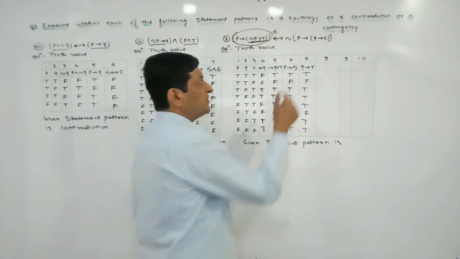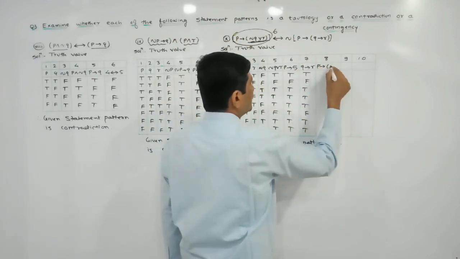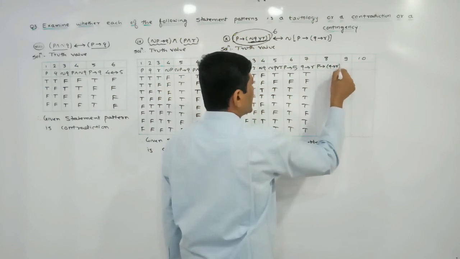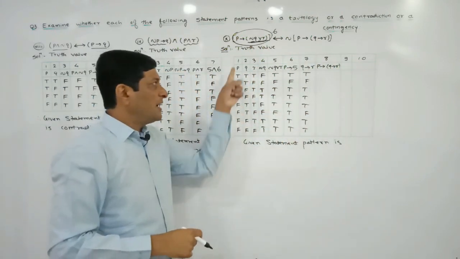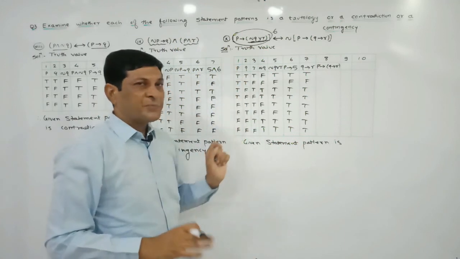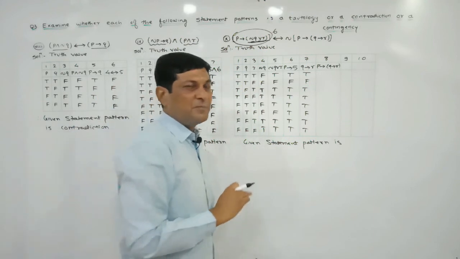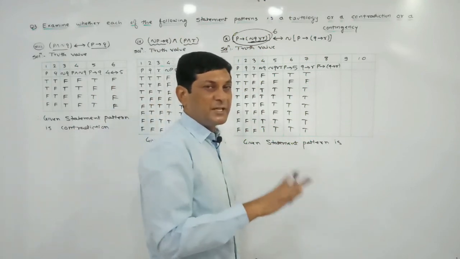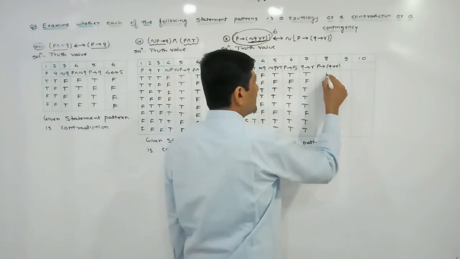Now again we are connecting P by implication with which statement? Q implies R. These are the truth values of Q implies R, and these are the truth values of P. We are connecting these two statements by implication, and we know that implication is false if TF appears. In the first case TF does not appear, so it is true.